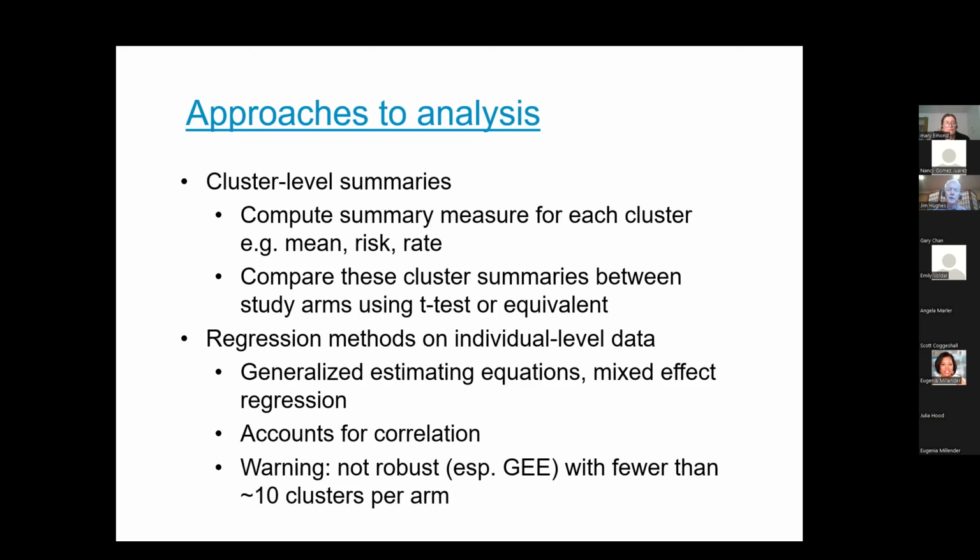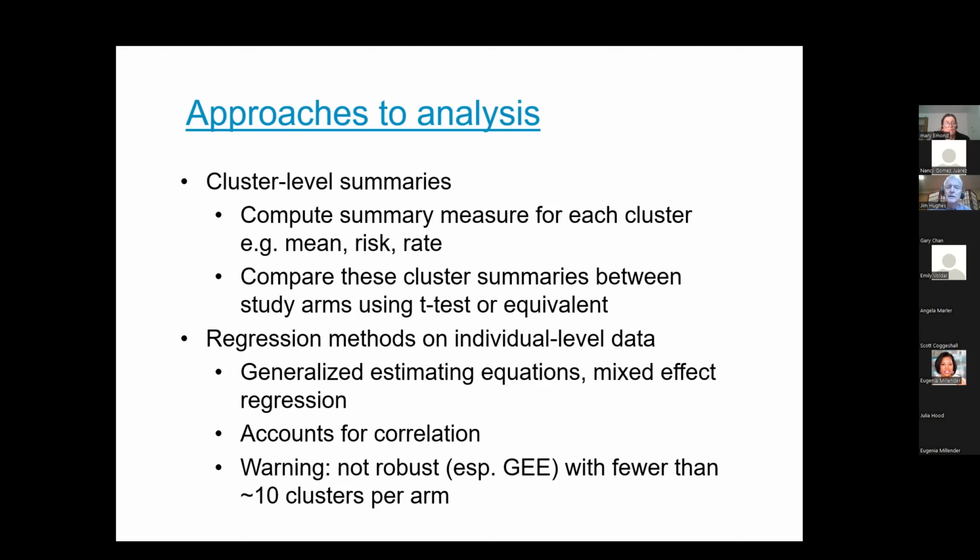And so if you've got 20 clusters, you might have 5,000 people, but the analysis boils down to these 20 numbers, one for each cluster, and it's fairly straightforward. And that works very well when you have similar numbers for each cluster and you're not trying to do any adjustment for individual level characteristics.